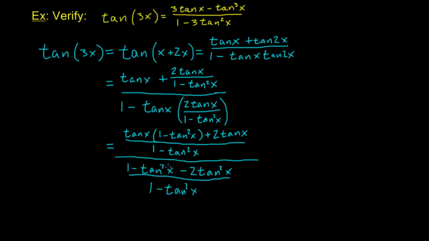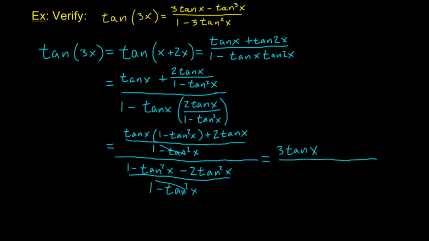Now I can cancel these 1 minus tangent squared x's. Again, if you don't see that right away, go ahead and multiply this top fraction by the reciprocal of this bottom fraction. You'll see that these 1 minus tangent squared x's cancel right away. And simplifying this out a bit, now in my numerator I just have what was in my numerator of the top fraction. So I have 2 tangent x plus a 1 tangent x, distributing this through. So that's 3 tangent x.